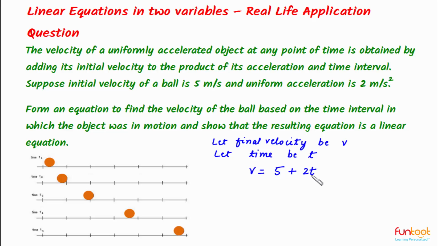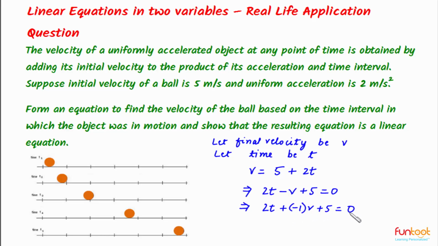This is an equation in two variables t and v, which we can express as, this implies 2t minus v plus 5 is equal to 0. So this implies 2t plus (minus 1) multiplied by v plus 5 is equal to 0.